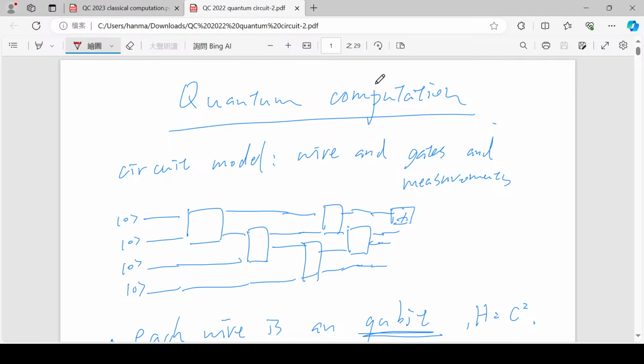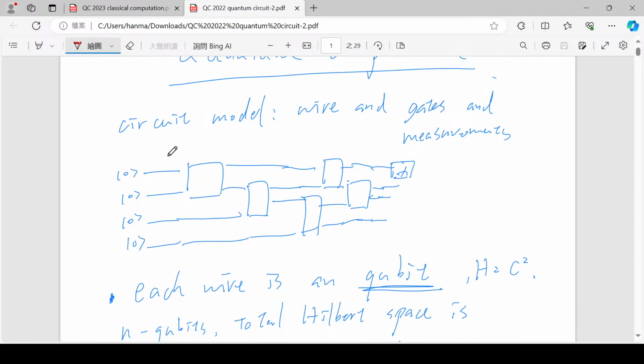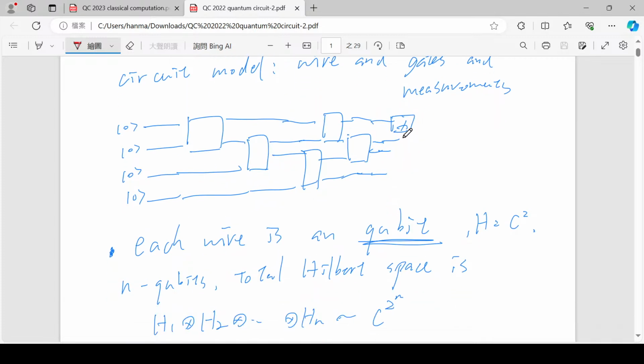How we define quantum computation is similar to the circuit model definition of classical computation. So we also define quantum computation in the circuit model. We have wires and gates, and then we have something extra: a measurement, because in quantum mechanics you need to do measurement.